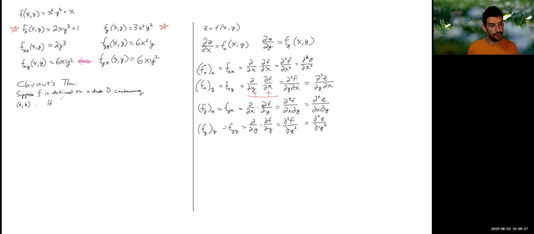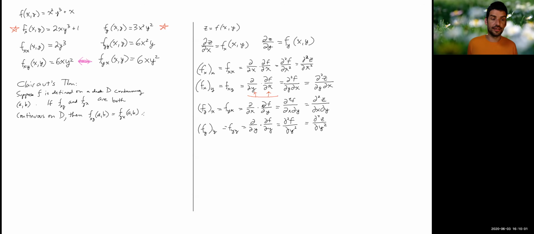If the mixed partials are both continuous on D, then they're equal to each other, right? Okay, so it's a nice, convenient thing that they're equal to each other.